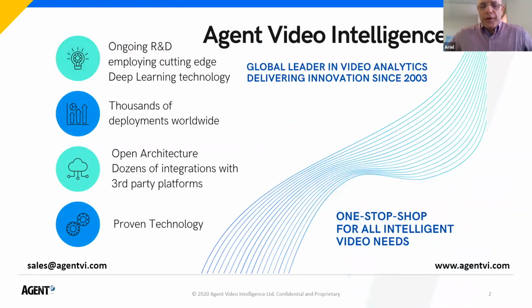Again, just one slide about Agent VI. Most of you are familiar with us, our partners. Agent VI is a global leader in video analytics, established in 2003, and since then we have thousands of deployments of our analytics solutions in the market.